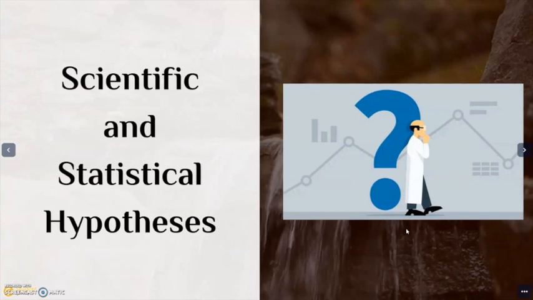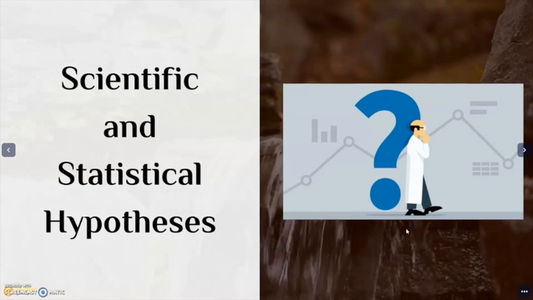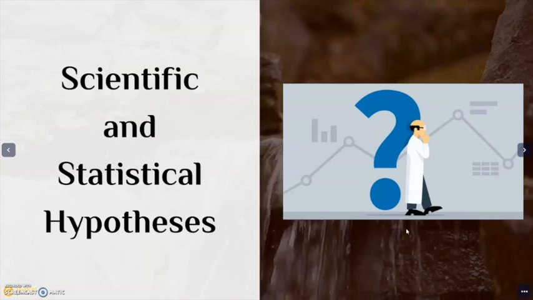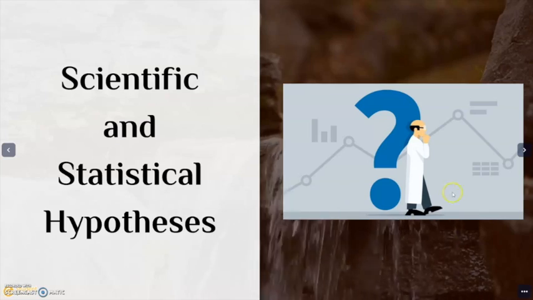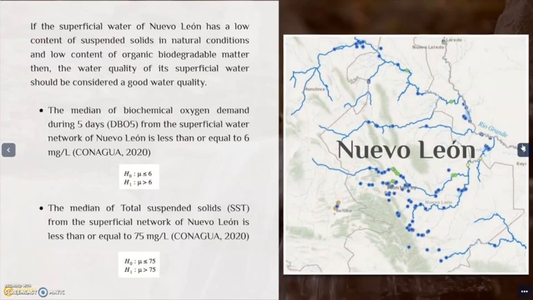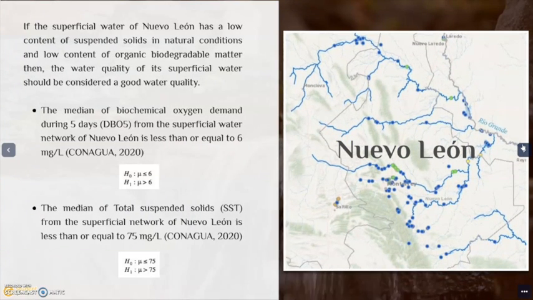For the scientific hypothesis and our statistical hypothesis, we first have the first state, which is Nuevo León. So if the superficial water of Nuevo León has a low content of suspended solids and natural conditions and a low content of organic biodegradable matter, then the water quality of its superficial water should be considered good water quality.